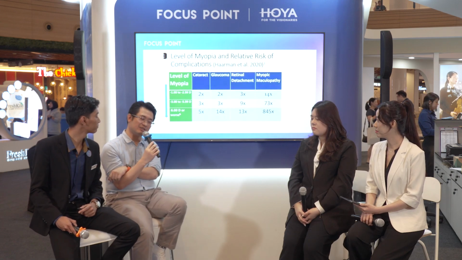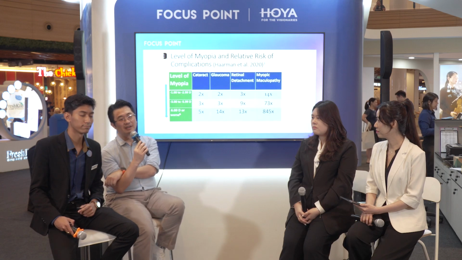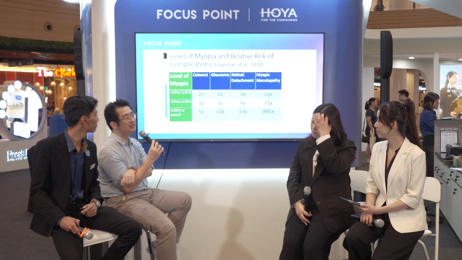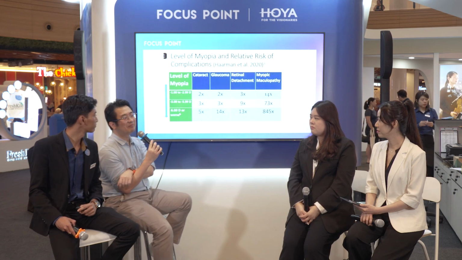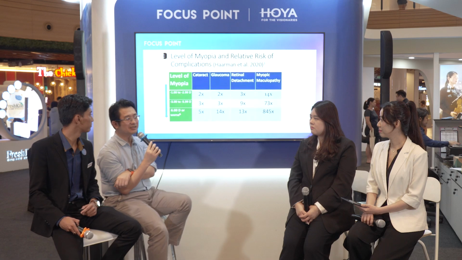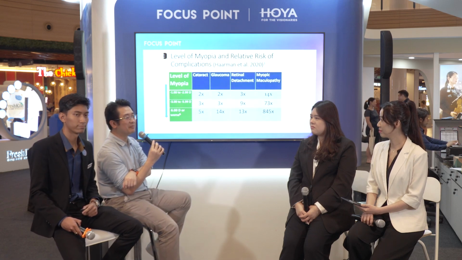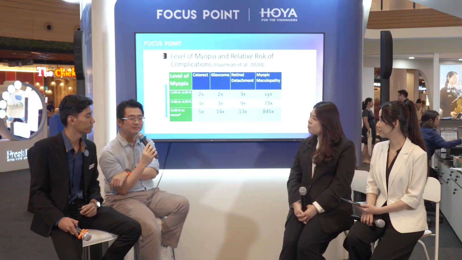Let's say your power is minus 200, it remains at 200. But you have to put it on every single day. So in a way it's an easy thing to do, but it could also be a hassle for the kids. They may forget, that's why sometimes we ask the parents to put it instead.